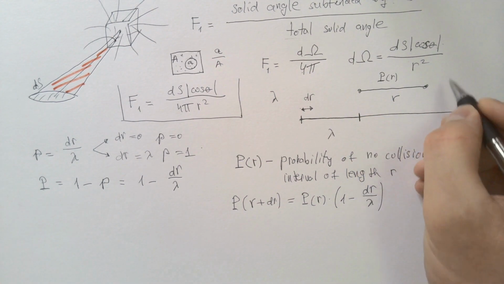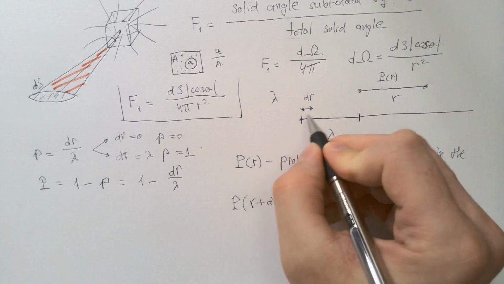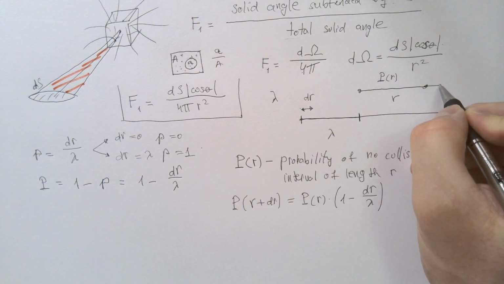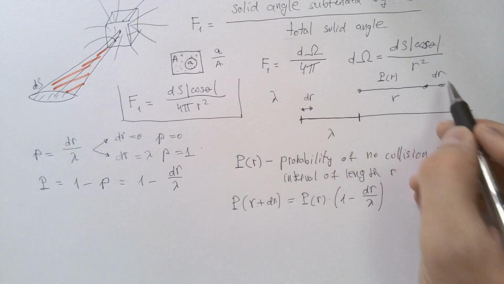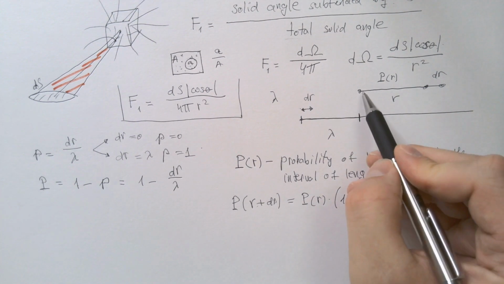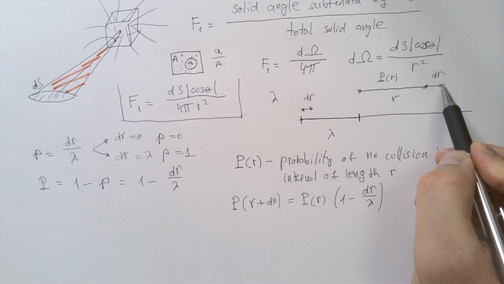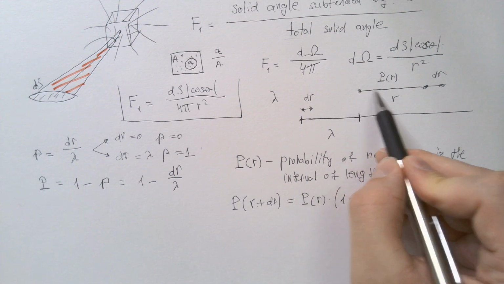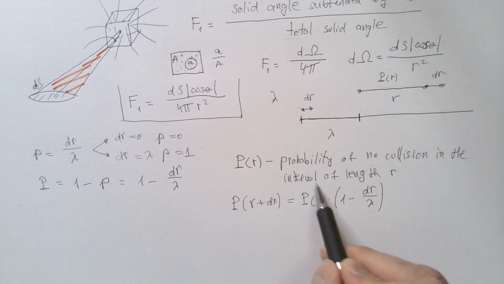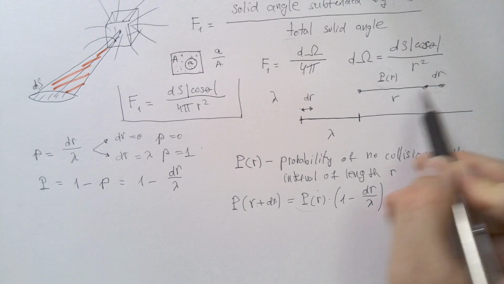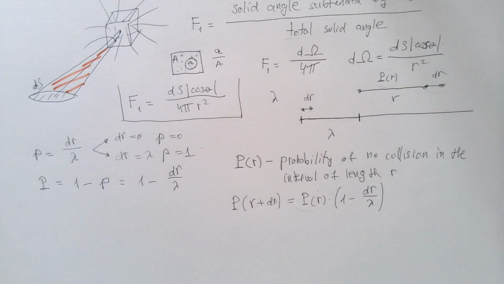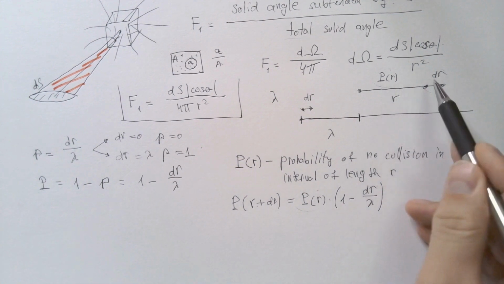Now I increase this interval by this distance dr, so the total length is r plus dr. What I'm saying is, the probability of no collision on this new interval is the probability of no collision on this interval, which is capital P of r, times the probability of no collision on this small increment, but I just calculated what that probability is.